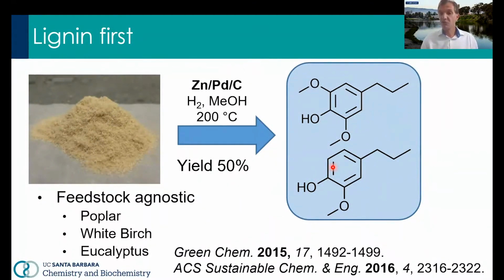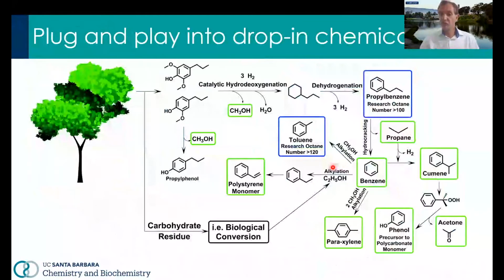So they can be a source or a feedstock for drop-in chemicals that we already make and use from petrochemicals. And this is what this diagram illustrates. Once we make these two molecules from lignin, from wood biomass, that would be about 12% of the total biomass weight. The remaining ends up being a carbohydrate residue that can be used to make ethanol, for example.